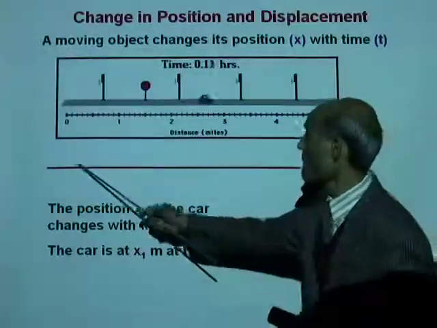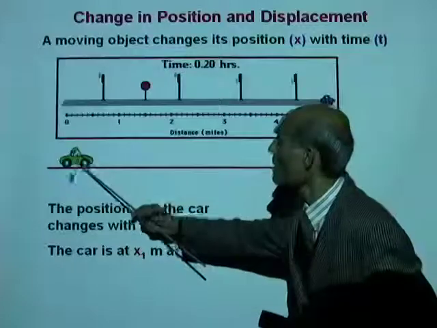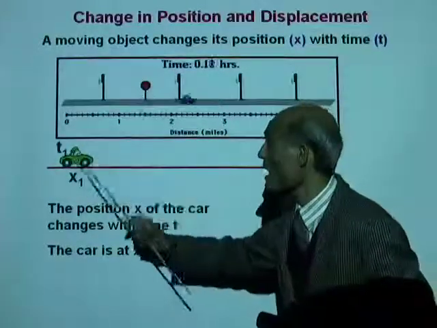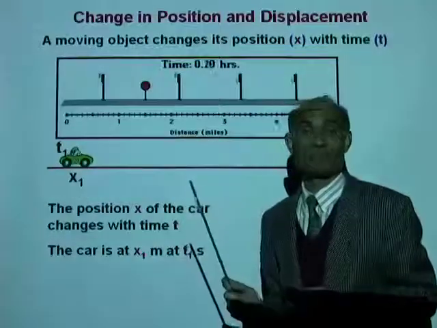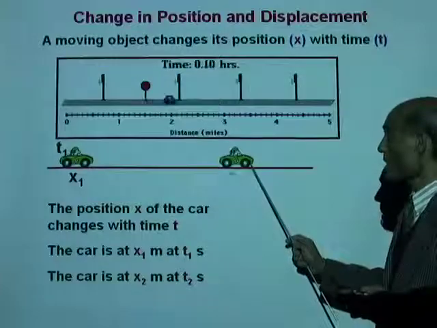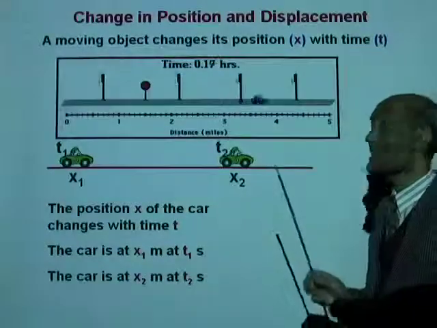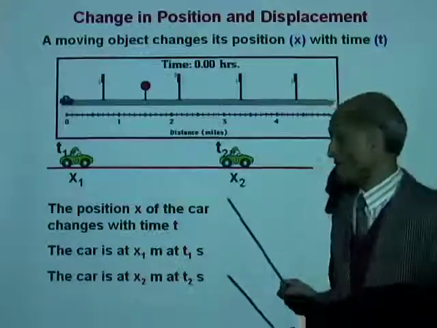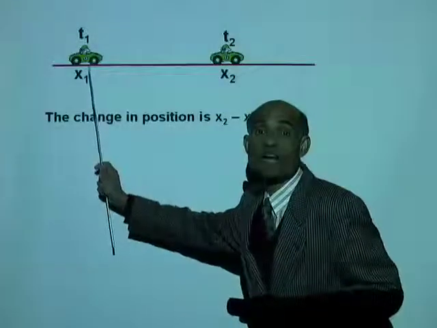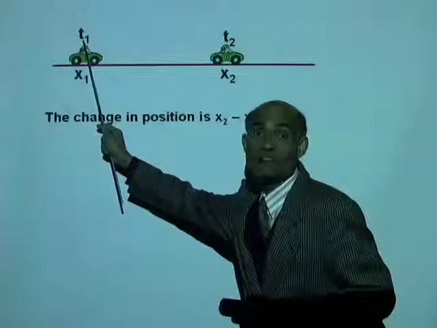Alright, here I'm going to put a car. There is the car. Its position is x1 when the time is t1. And the car is at x2, there you are, when the time is t2. Alright, so you got a car at position x1 when the time is t1.